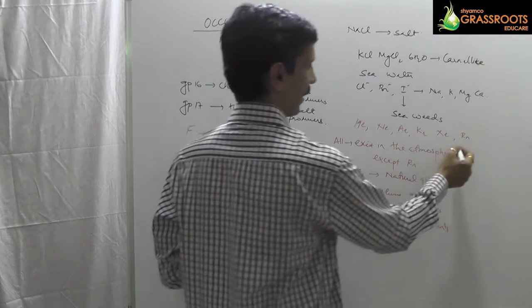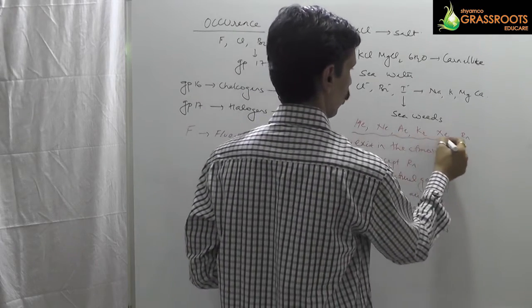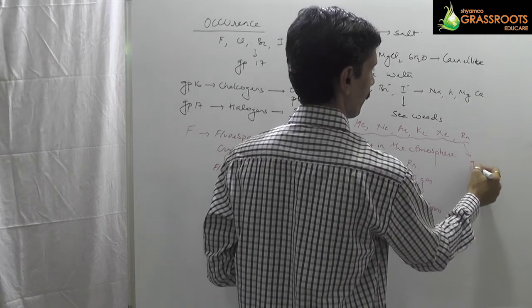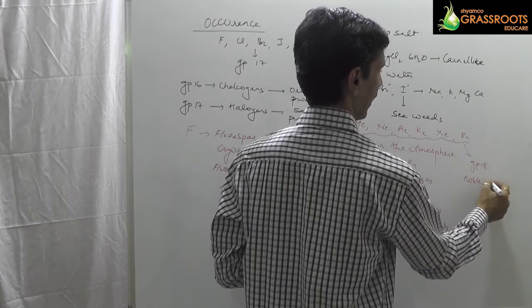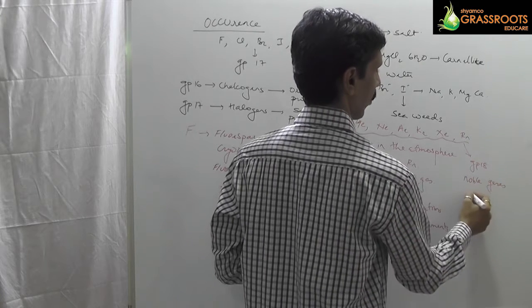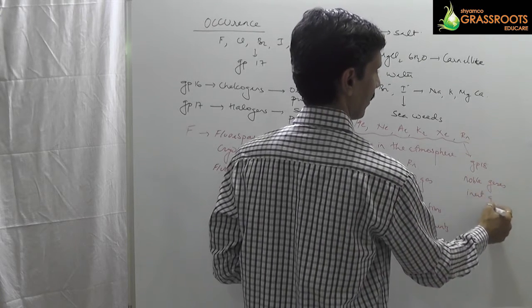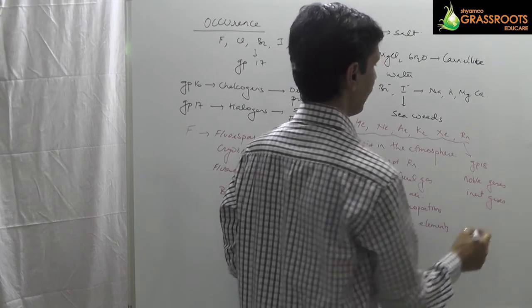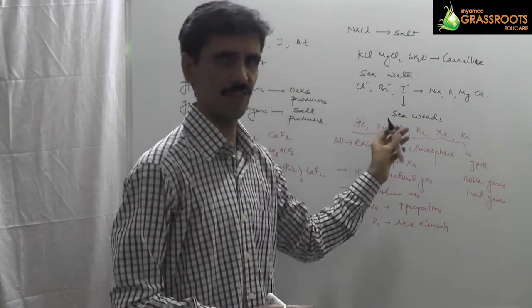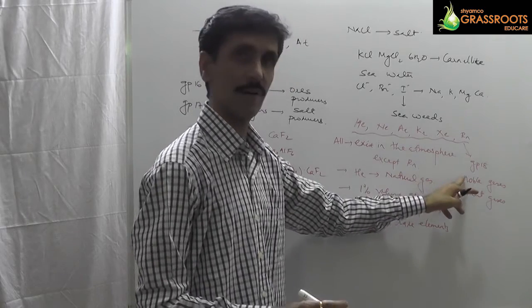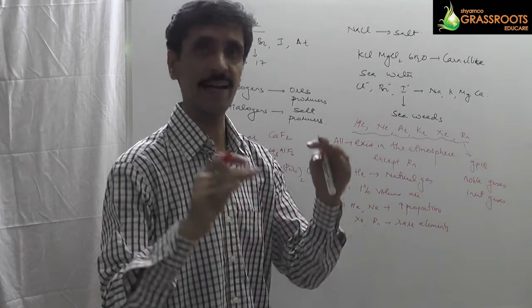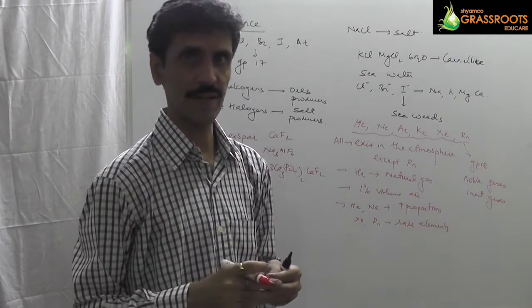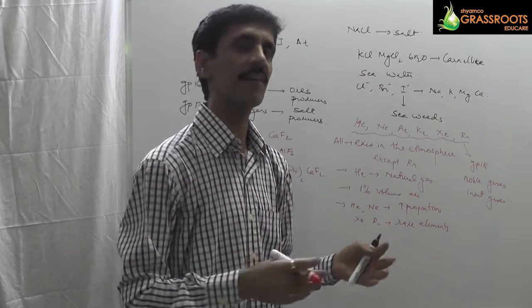All these group 18 elements are called noble gases, or we call them inert gases. The reason is very simple: they exist in the gaseous state, and second, they don't have the nature of reacting under normal conditions. Under extreme conditions they do react.